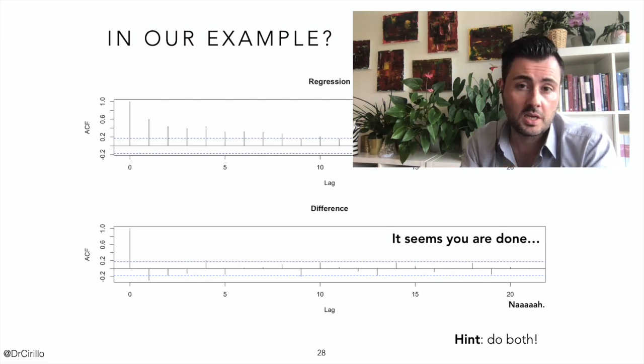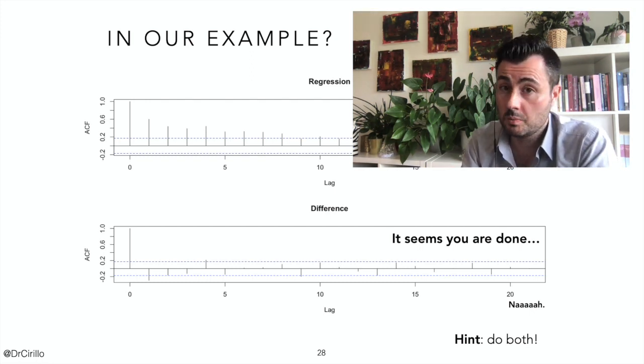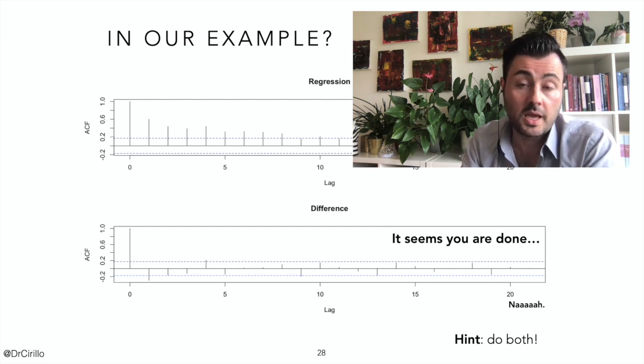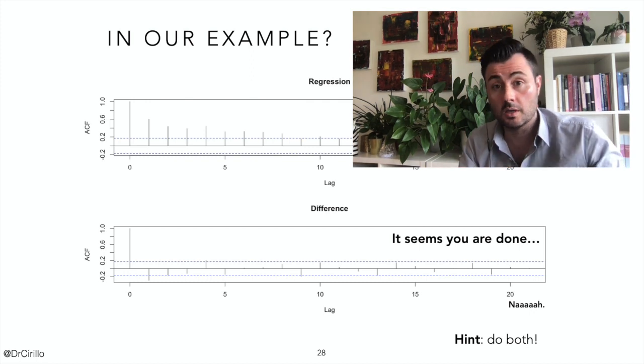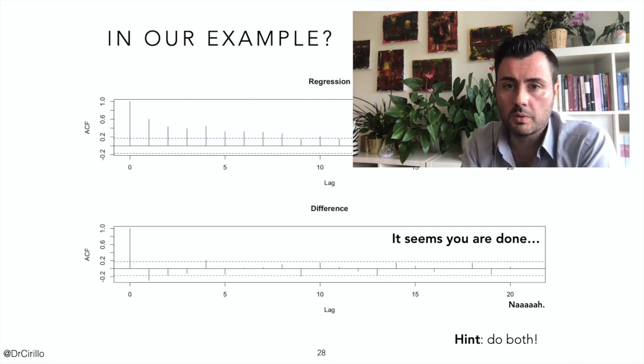So an ACF like this sometimes can be extremely misleading, so never trust, again, just one plot in your analysis. But you see clearly the difference between the linear regression and the differences. Once again, I repeat, in the R notebook that is associated to this lesson, you will find other examples using financial quantities. So you will see the difference in performing detrending using linear regression or taking first differences.